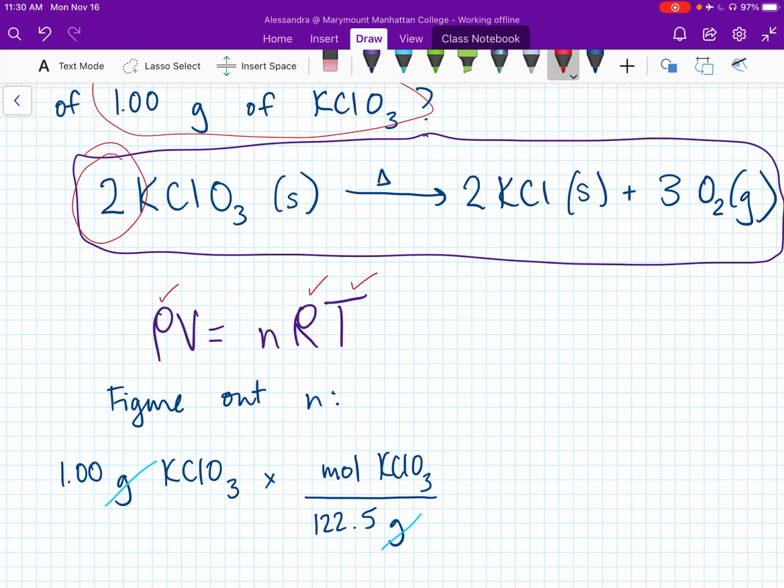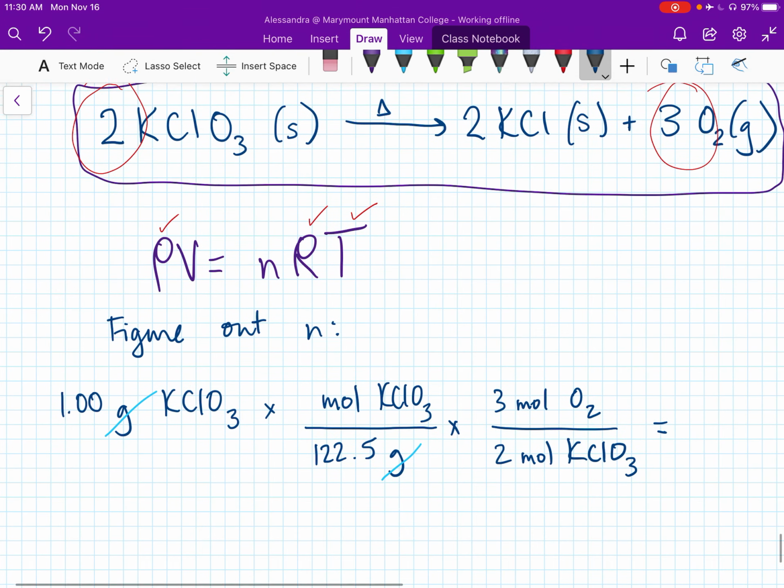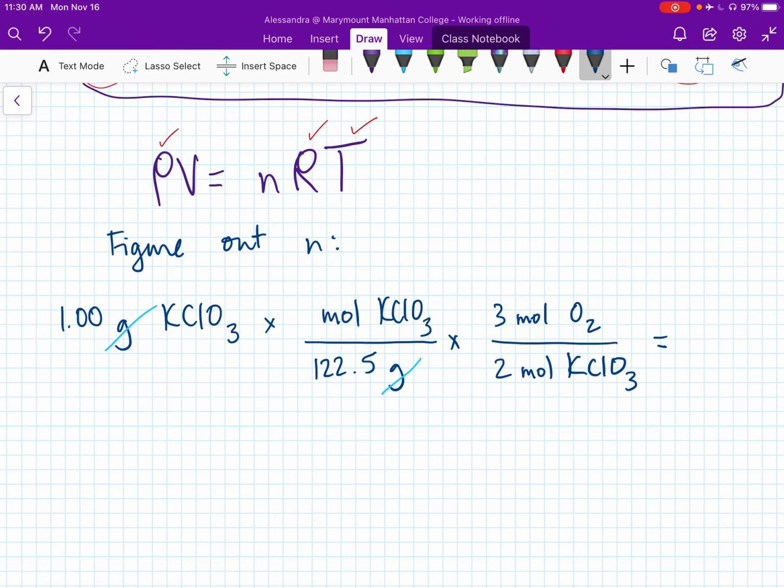For every 2 moles of KClO3, I'm producing 3 moles of oxygen gas. So I can use that mole ratio to convert to moles of oxygen gas, that 3:2 mole ratio. So if I do all of that, I have figured out my N.